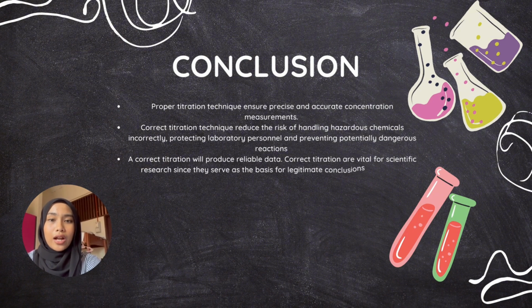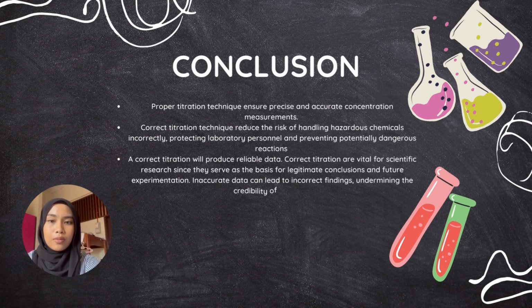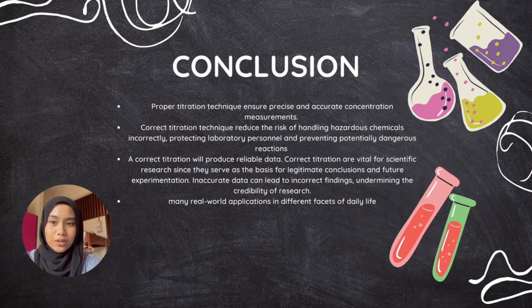Correct titrations are vital for scientific research since they serve as the basis for legitimate conclusions and future experimentation. Inaccurate data can lead to incorrect findings, undermining the credibility of research. And lastly, many real-world applications in different facets of daily life.